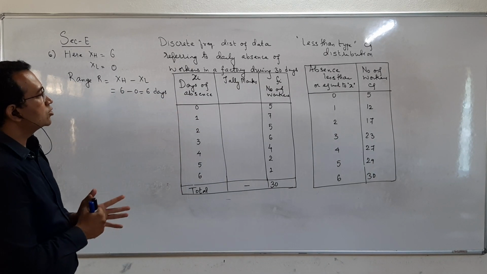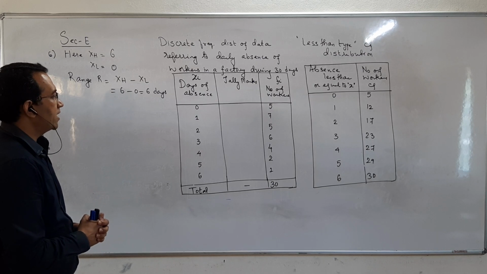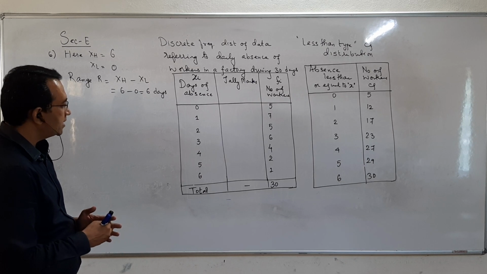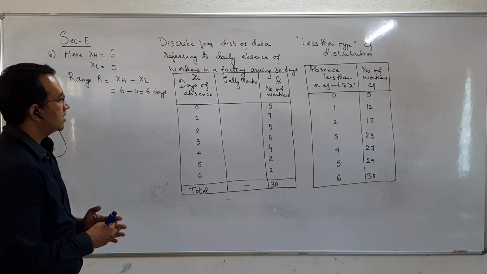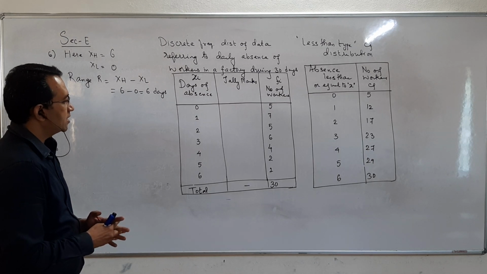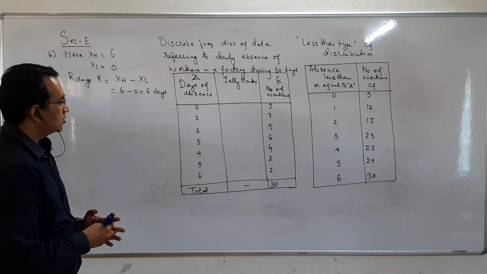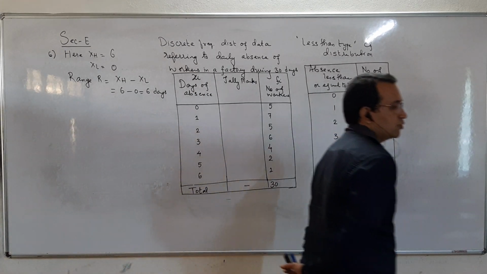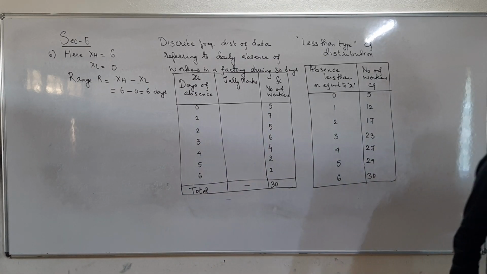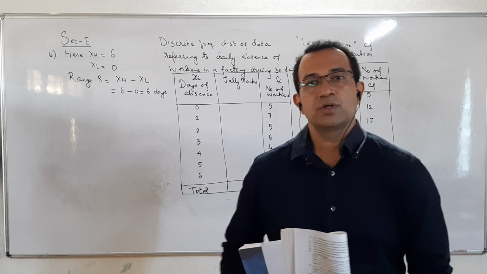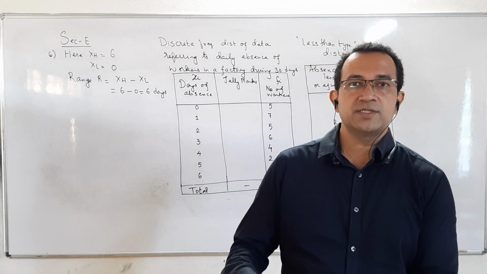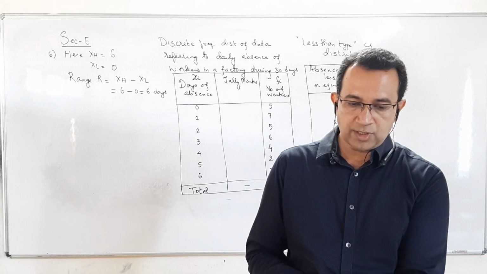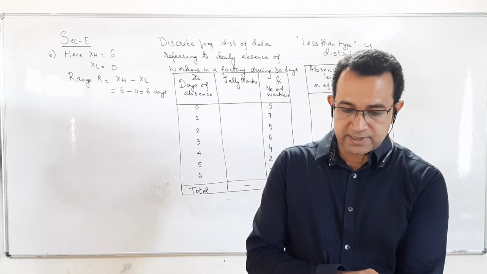So less than or equal to 0 is 5, less than or equal to 1 is 12, less than or equal to 2 is 17, less than or equal to 3 is 23, less than or equal to 4 is 27, less than or equal to 5 is 29, and less than or equal to 6 is 30.